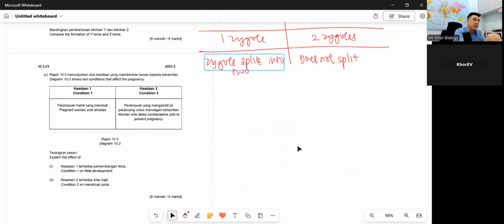For the first one, we say that chemicals can diffuse to the fetus and may cause brain damage.